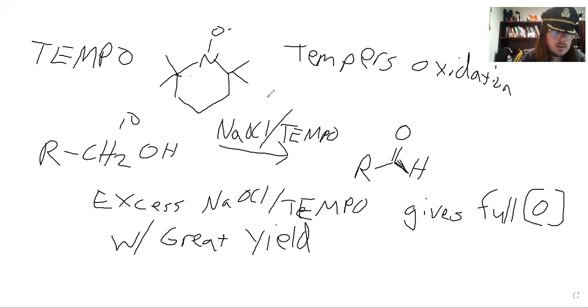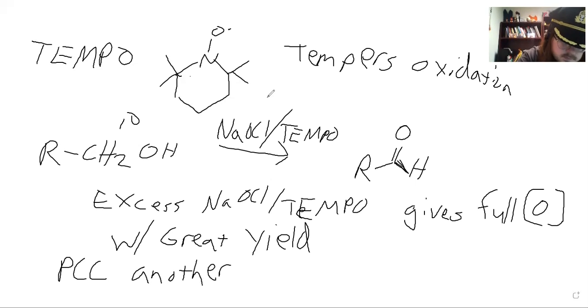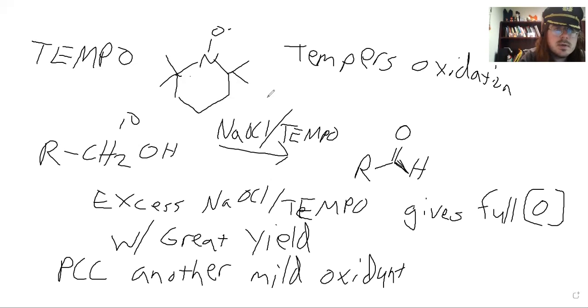There's another one you can use that's weak. So you can classify these oxidations into weak and strong, which is PCC. Another weak, let's say another mild oxidant. It's a little bit harder to make, but it's a good one. Okay, so what is this?